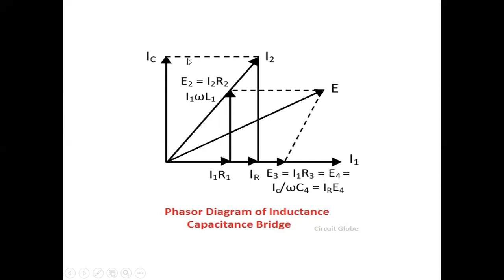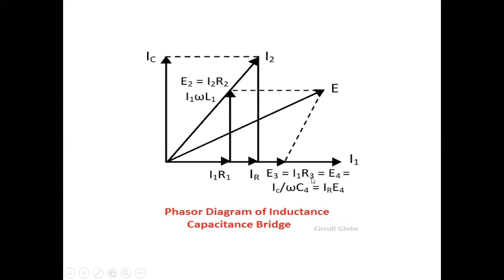Now take IC leading by 90 degrees with respect to the R4 voltage. IR will be in phase with the voltage. The addition of IC and IR gives I2. This is I2, I1, E1, E2, then E3.